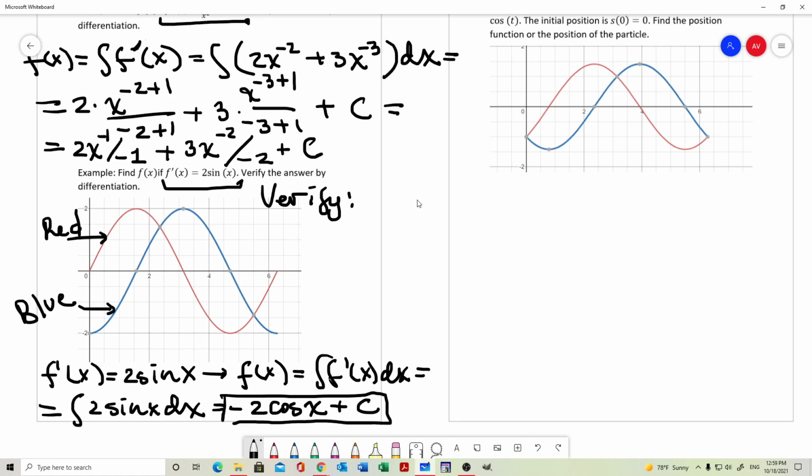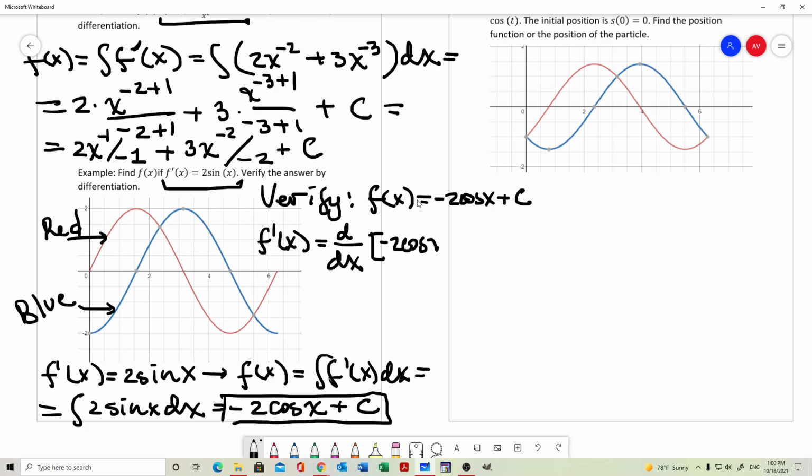Just simply find the derivative of f of x. Again, f of x, let me rewrite one more time. It's minus 2 cosine x plus constant C. F prime of x, if we take the derivative, will give us the derivative of minus 2 cosine x plus 0, or it is the same as minus 2.